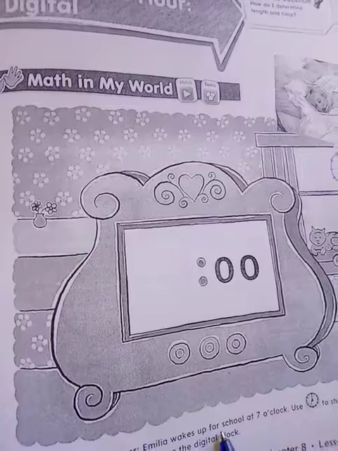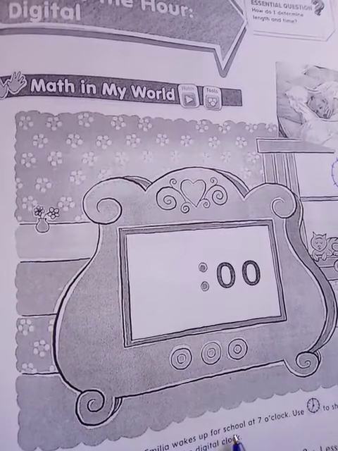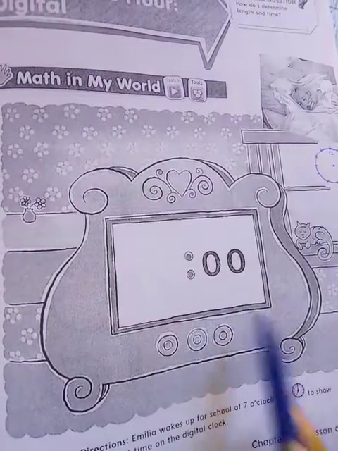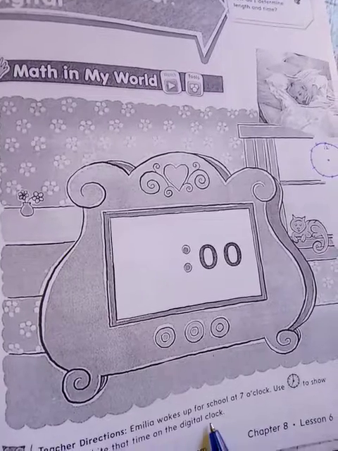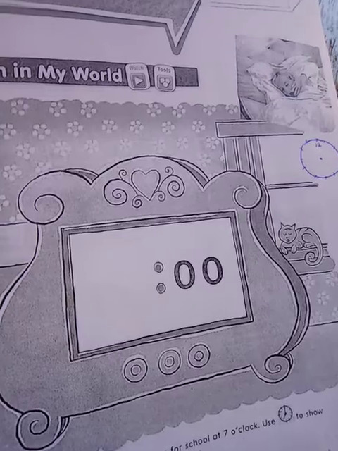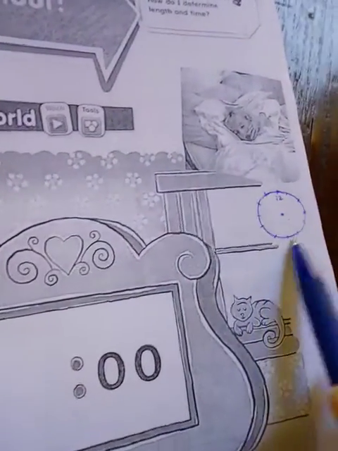Emilia wakes up for school at 7 o'clock. Use the model to show the time and write the time on the digital clock. Okay, let's remember together the analog clock. We want to show 7 o'clock on the analog clock.